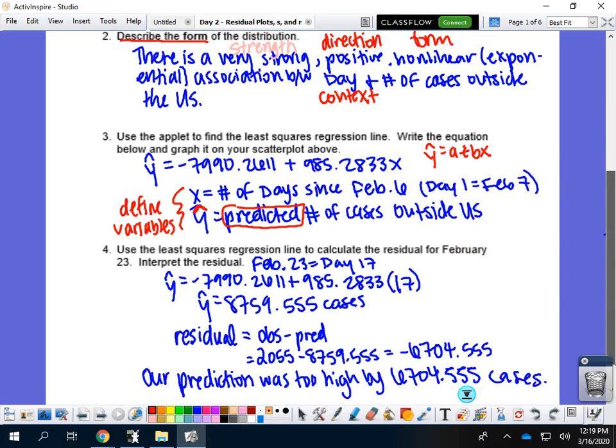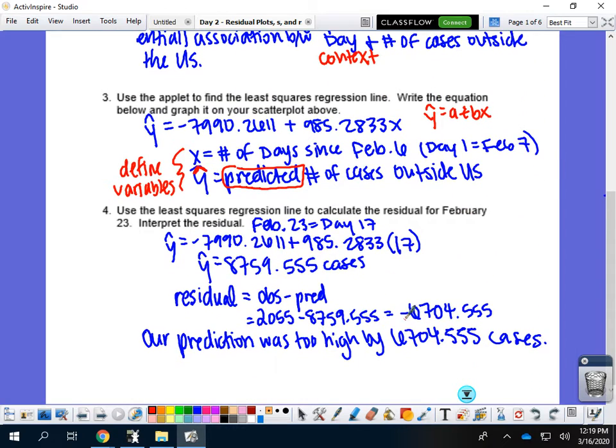So actual minus predicted is the formula for residual. We get negative, that means our prediction was too high. When you interpret it, you want to make sure you include that with units.